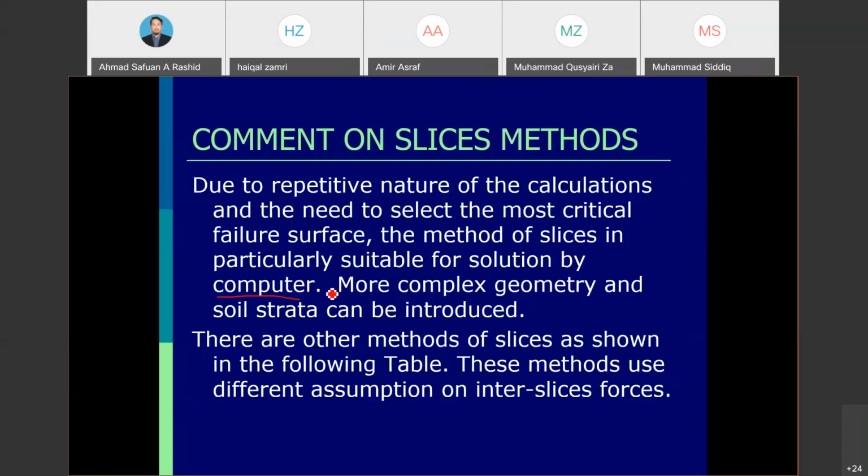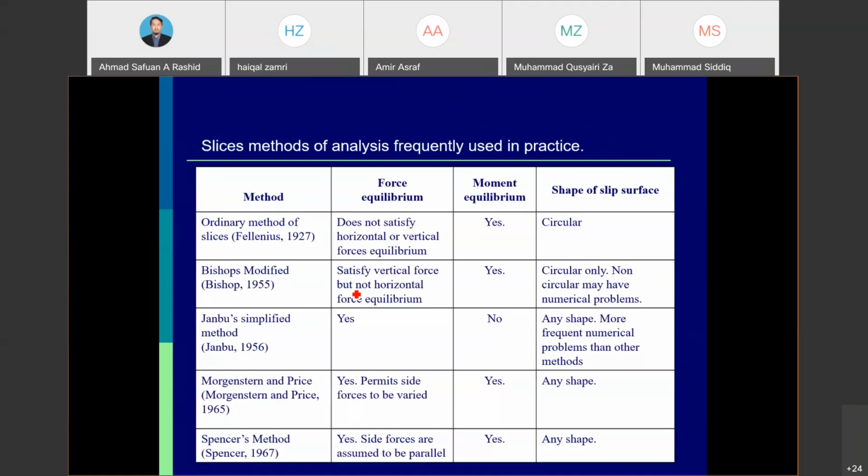At least kita tahu, dapat idea macam mana kalau guna normal calculation. From there we just include all the properties or the geometry inside the software and then run the software.